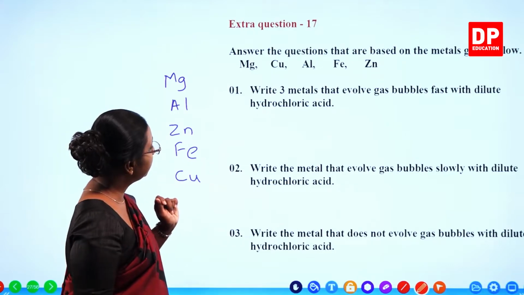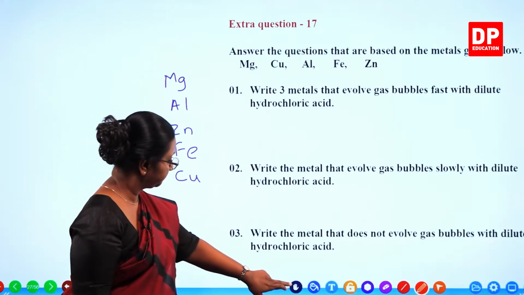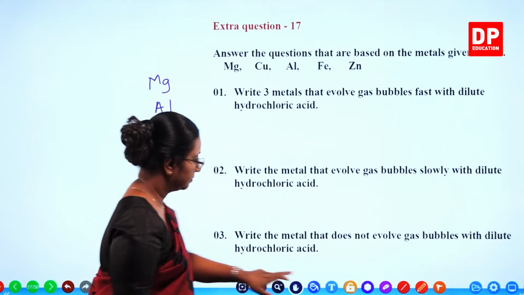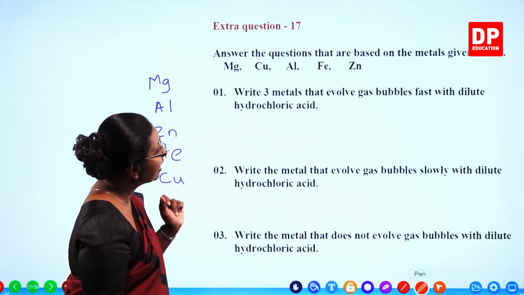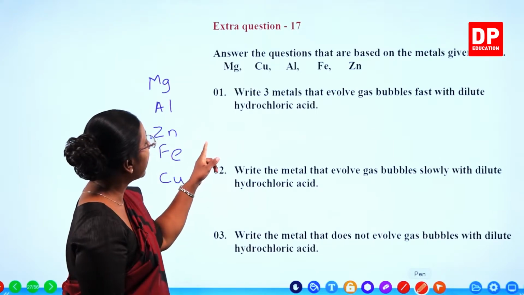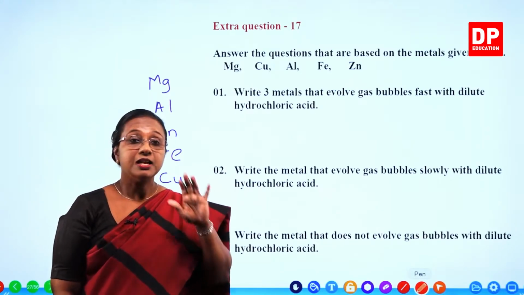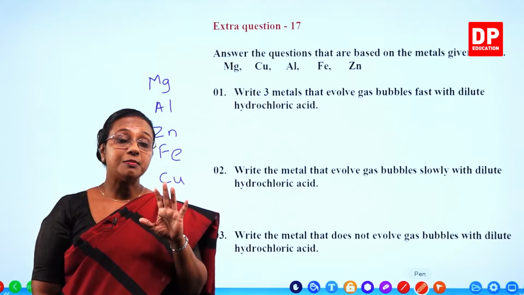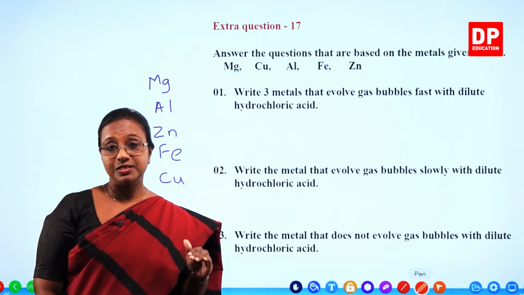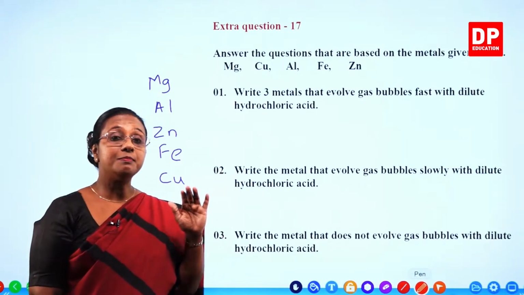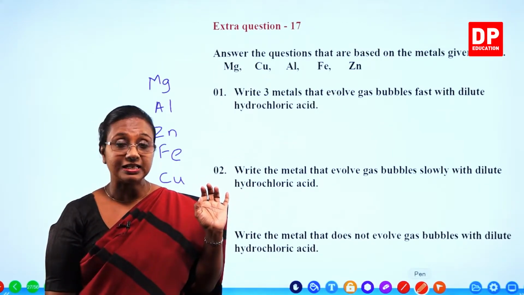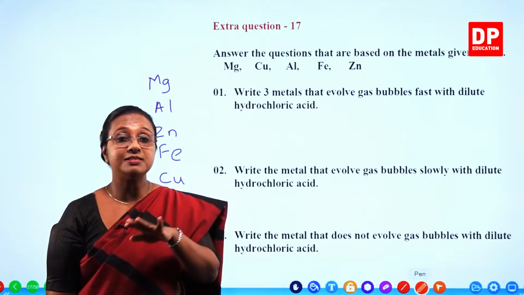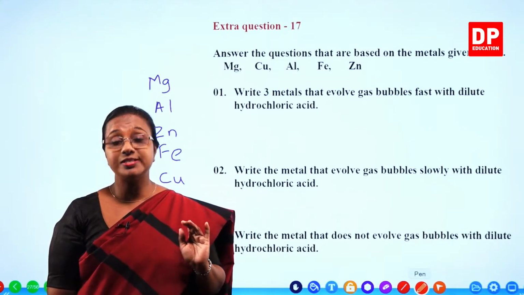So here, if we look at the questions. Write 3 metals that evolve gas bubbles fast with dilute hydrochloric acid. Now here students, you can remember if you look at the activity series, a metal that is above another metal in the activity series can displace the second metal from the salt solution.